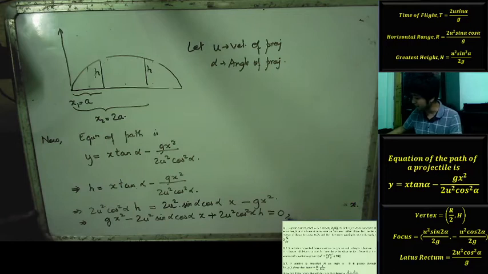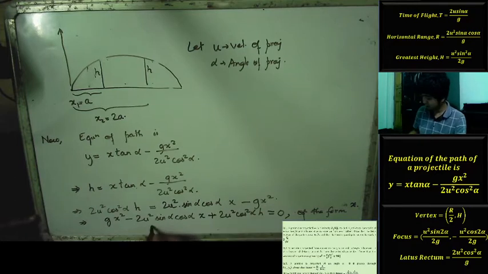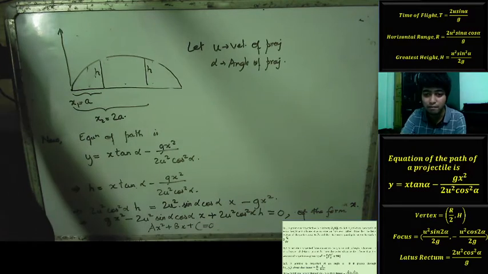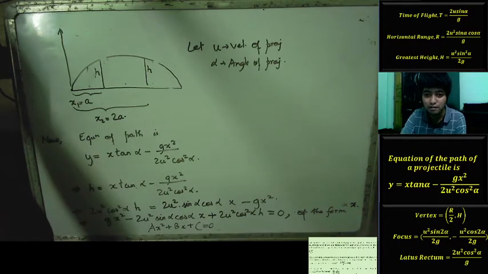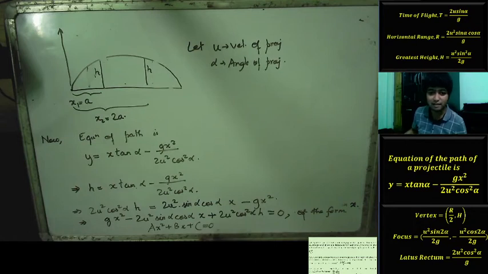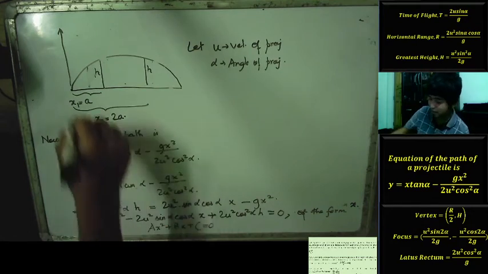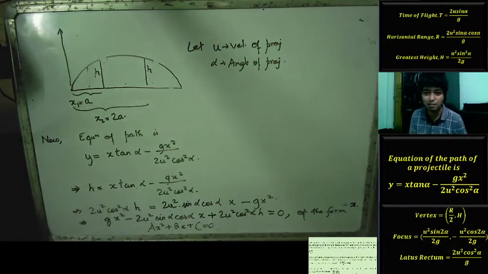This is a quadratic equation of the form ax squared plus bx plus c equal to 0. So again, we can use the sum of the roots and the product of the roots.